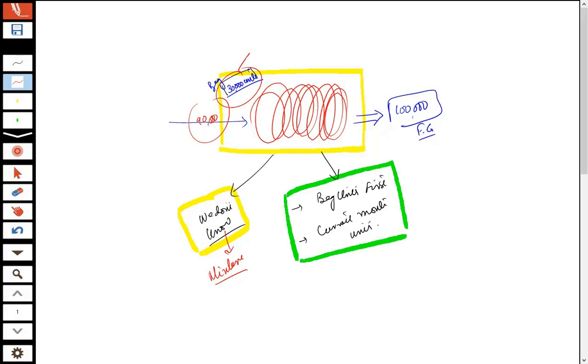It means that if we have applied this method, beginning units first then current month units, this is known as applying the FIFO method in process costing. What is FIFO? FIFO means first in, first out. That which comes first will go out first.